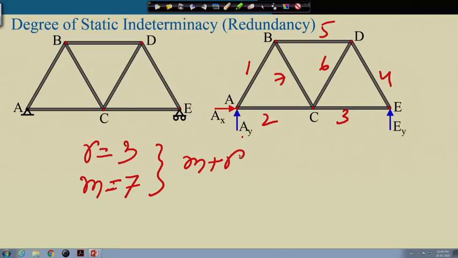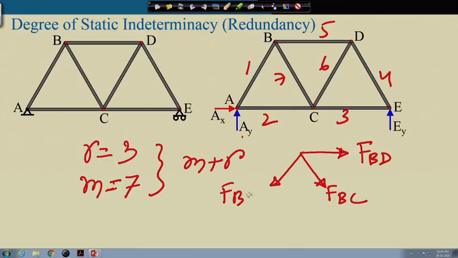Right. Now, how many equations do we have available? If we take the free body diagram of any joint, say for instance joint B, the free body diagram of joint B will be something like this. This is FBD, this is FBC if you recall, and this is FBA, this is joint B. Now, here we do not have three equilibrium equations, because in a truss all the joints are connected through pins.